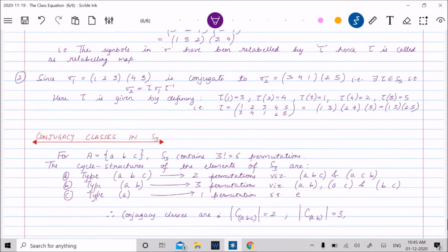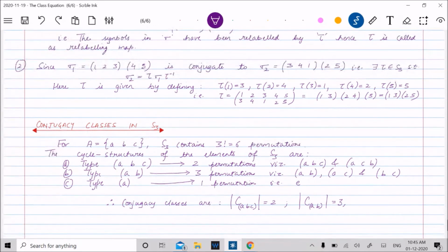The trivial one I will not write as a conjugacy class. It belongs to the center of the group, yes or no?